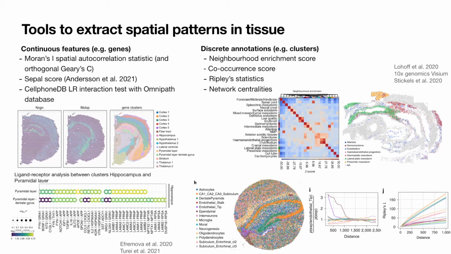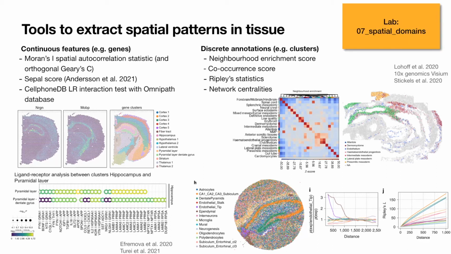How is it distributed throughout the entire tissue? And this can give you an indication of whether there are clumps of tissue that have the same, let's say, cell type, or if this cell type is distributed homogeneously across the tissue. This is something you can calculate with the Ripley statistic.